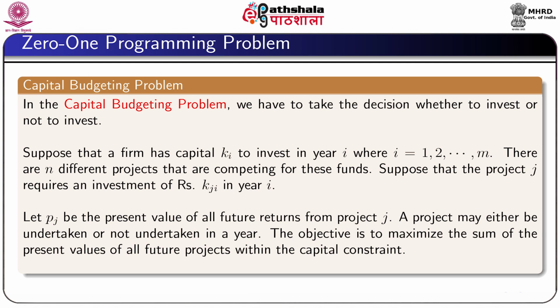Suppose that the project j requires an investment of rupees kji in year i. Let Pj be the present value of all future returns from project j. A project may either be undertaken or not undertaken in a year. Therefore, our objective would be to maximize the sum of present values of all future projects within the capital constraint.